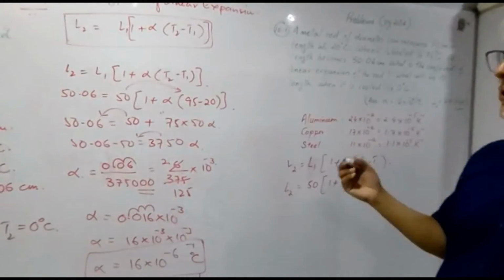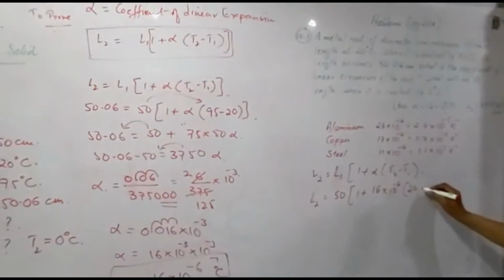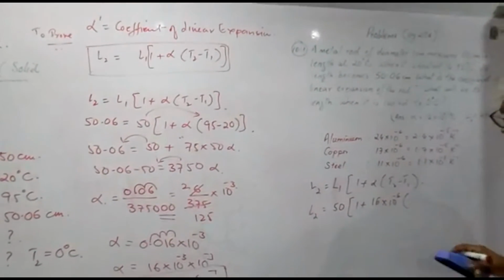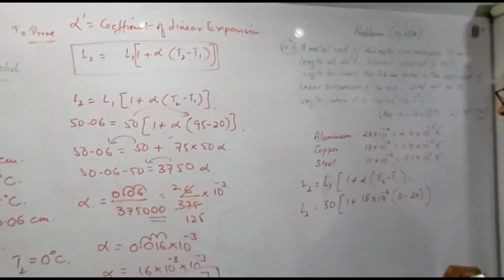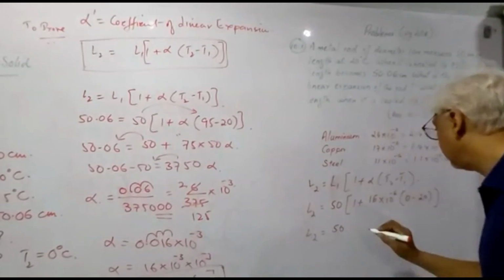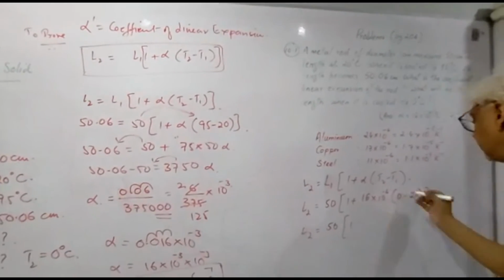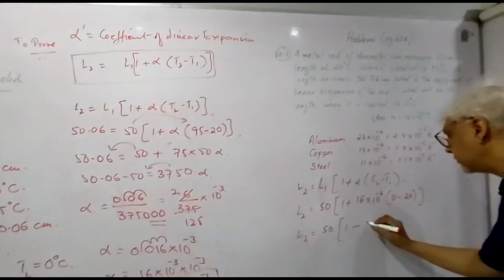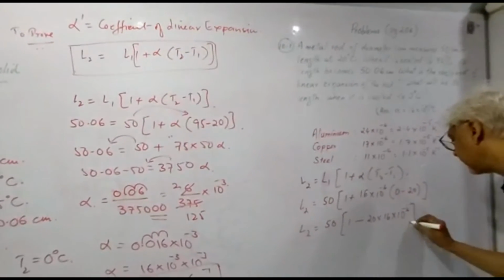What is the final length? The initial temperature was 20, and final is 0 degrees centigrade. So T2 minus T1 is 0 minus 20. So L2 is equal to 50 into 1 plus, and minus, this into 0 will give you 0, plus and minus is minus, 20 times 16 times 10 to the power of minus 6.